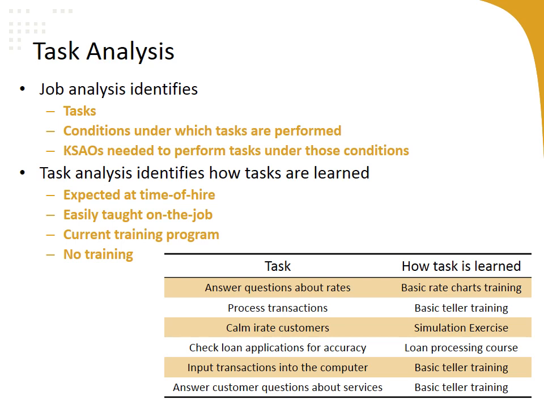And if you have a really good selection system that does help you predict performance, there's a lot of training that'll be unnecessary because the employees will be expected to have that at the time of hire, and you'll be pretty confident that they actually do. So you can see an example of a task analysis down here at the bottom of the slide where you just highlight the different tasks involved with the job.